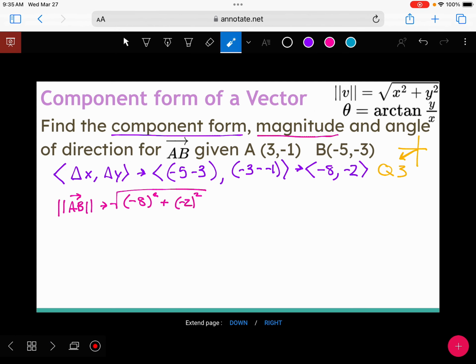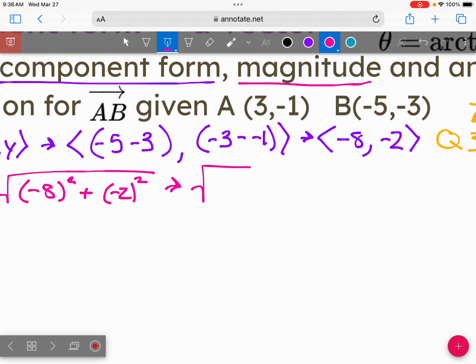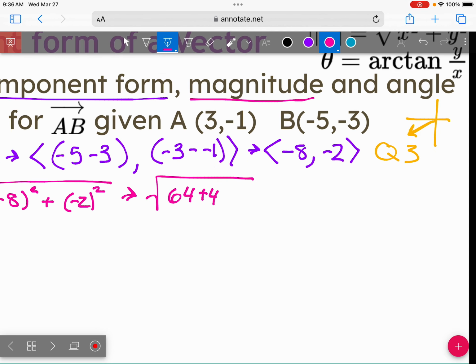So we take the x from our vector and square it, and the y from my vector, and we square it. I'm going to take the square root of both. So that's going to give us the square root of 64 plus 4, also known as the square root of 68. What does that simplify down to? 2 square root of 17.